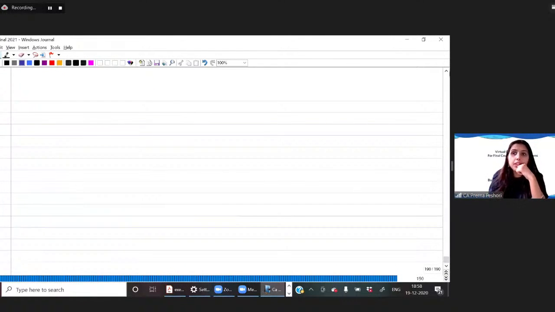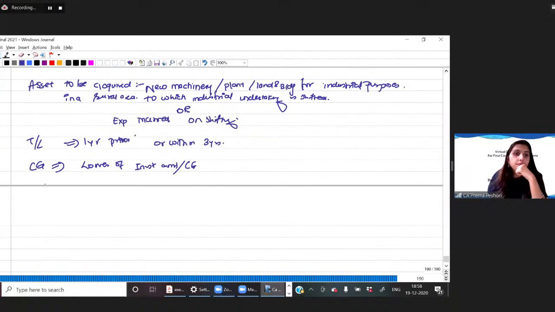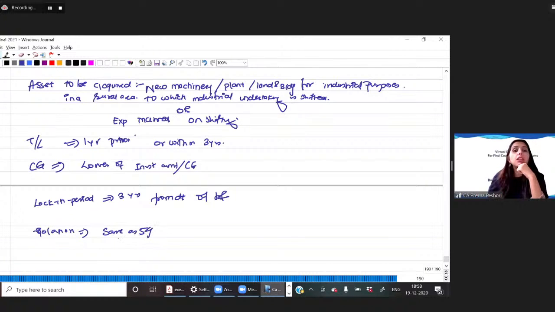What is the lock-in period here? 3 years from date of transfer. Violation of this will result in the same as 54, meaning the exemption will get revoked and the exempted amount earlier will be reduced from the cost of acquisition. Clear? Is it clear?